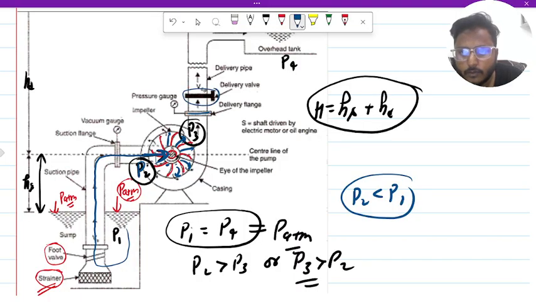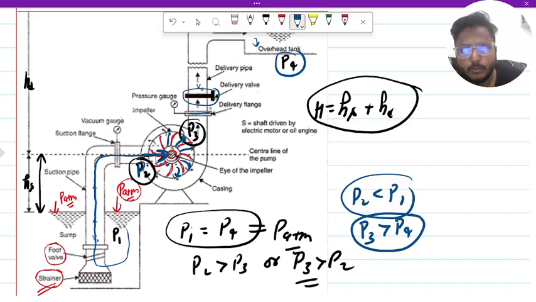The gathering of fluid particles takes place continuously, and at a certain point the pressure is high enough that the delivery valve opens. As you can see, P3 must be greater than P4, so that the water flows from the pump to the overhead tank. So P4 must be less than P3.